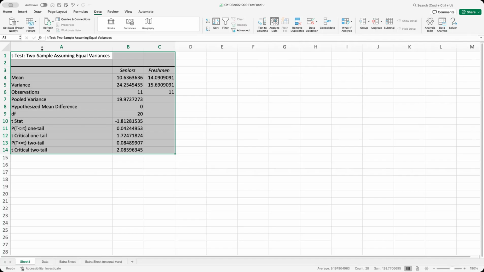There's no difference between the groups? Well, the average for the seniors is not smaller than the average for the freshmen. Or do I reject it? There are 3 different useful numbers here.